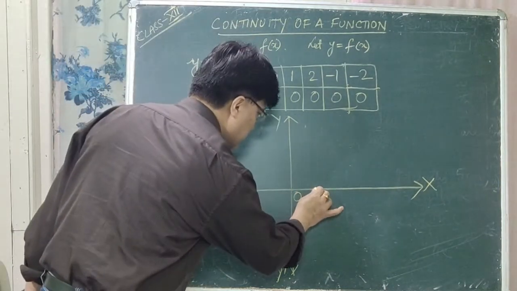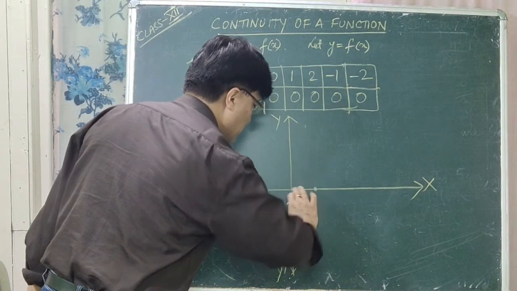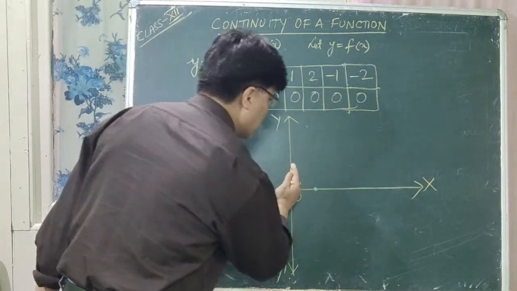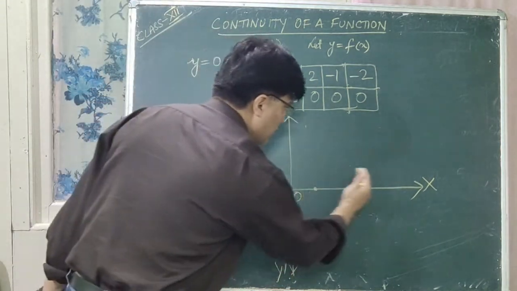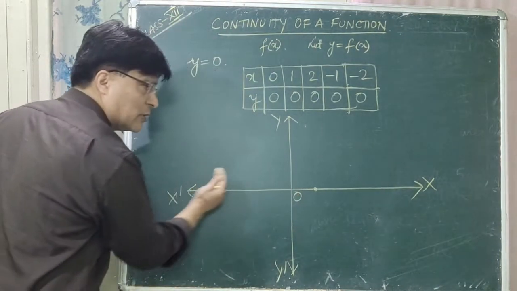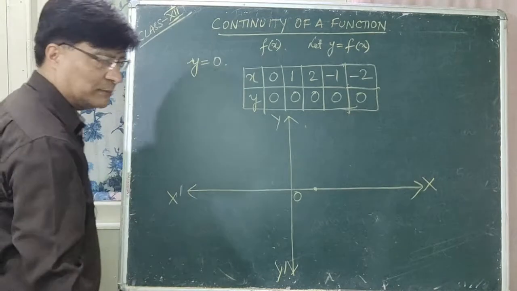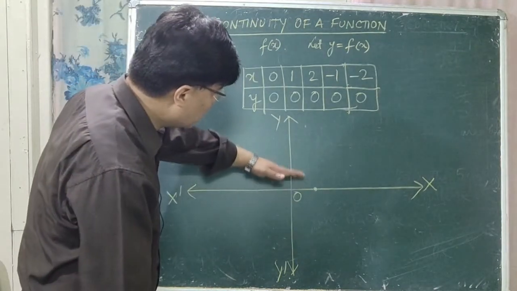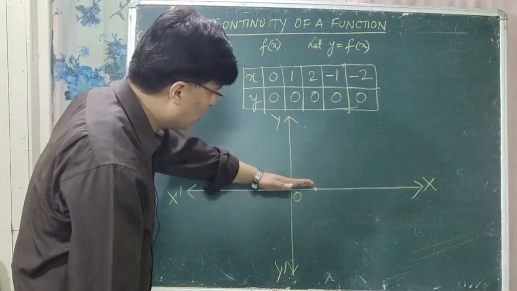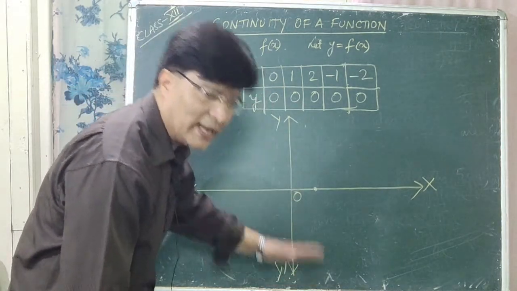On the right side of the y-axis, all the values of x are positive, and on the left side of the y-axis, all the values of x are negative. Above the x-axis, all the values of y are positive, and below the x-axis, all the values of y are negative.